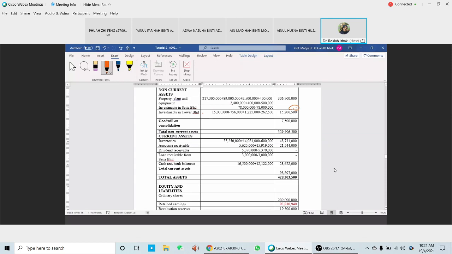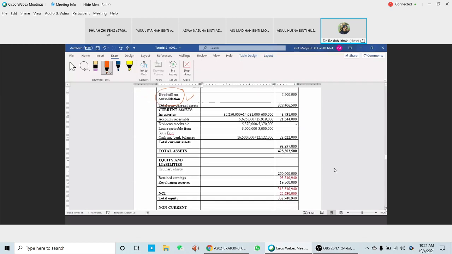Investment in Towers here is in terms of the associates. We're going to refer back to the journal entry. Plus or minus here is from your journal entry. Then we have one new item, which is goodwill on consolidation. So that is a new item. And then the other assets are similar, just total up between parent and subsidiary and make an adjustment.